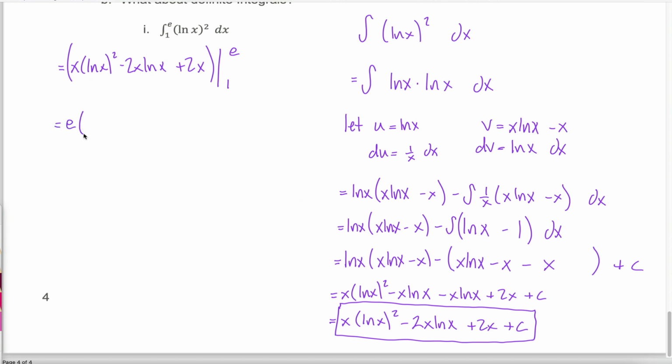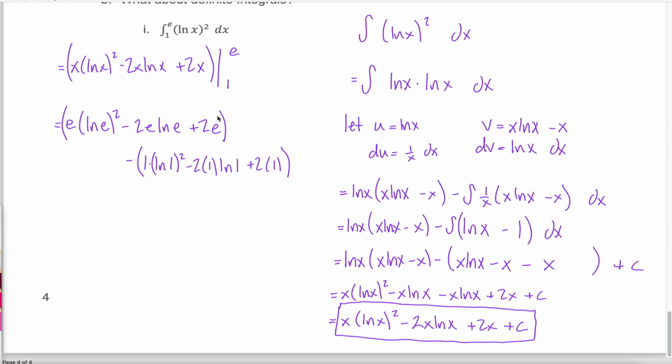So I got e times the natural log of e squared minus 2e times the natural log of e plus 2e. And then from that huge mess, I want to subtract what I get when I change all the x's into 1's. So 1 times the natural log of 1 squared minus 2 times 1 times the natural log of 1 plus 2 times 1.